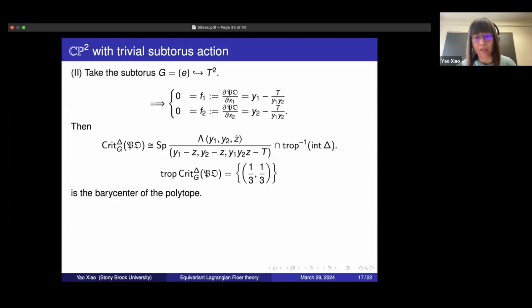The three variables each represent a facet of the polytope. If you want to locate this set in the polytope, you get (1/3, 1/3), which is the barycenter of the polytope. One might know from previous work of FOOO that this is a generator of the ordinary Fukaya category. So this recovers the ordinary Lagrangian Floer theory.